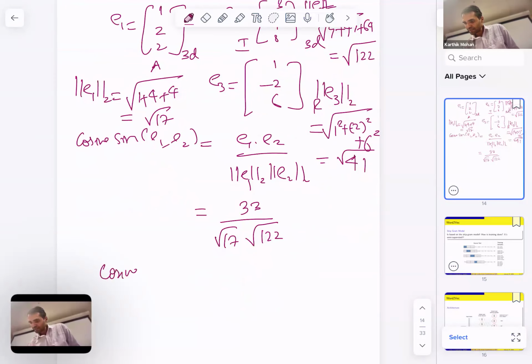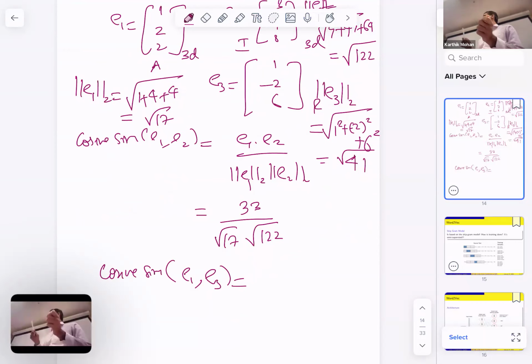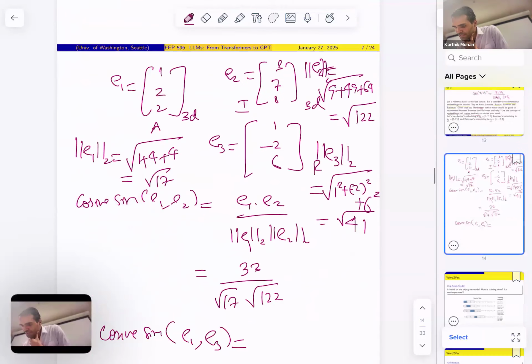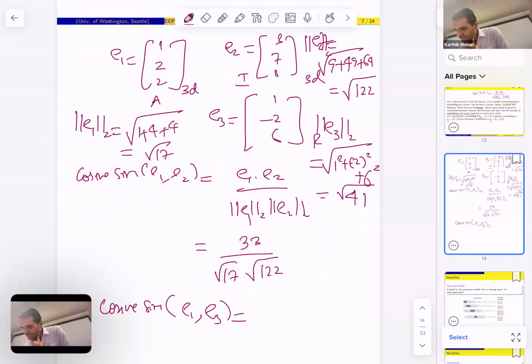And then the cosine similarity between E1 and E3, right? So we're comparing Avatar and Iron Man, and now we're comparing Avatar and Rain Man, right? So what's the dot product of E1, E3?